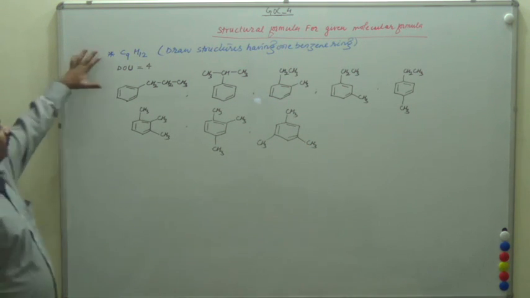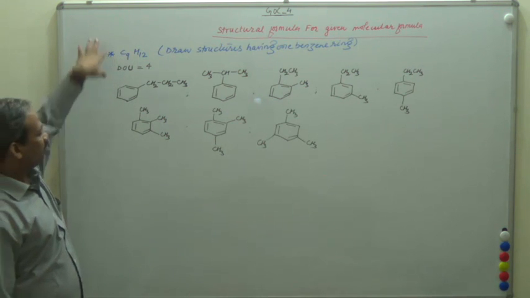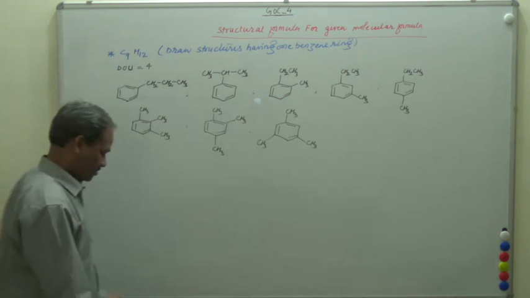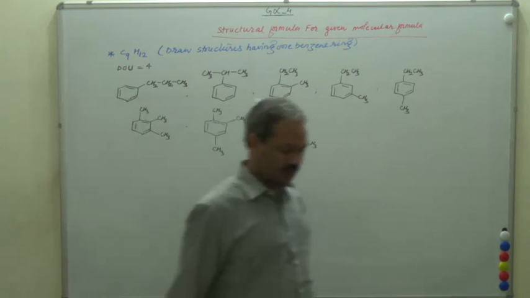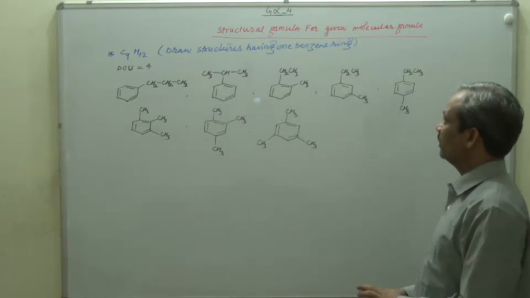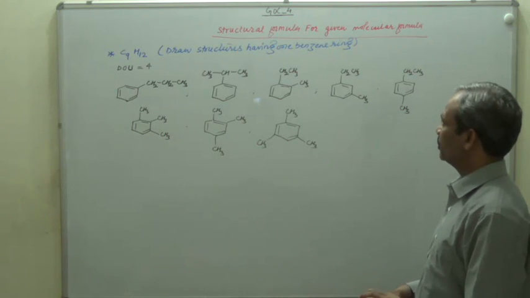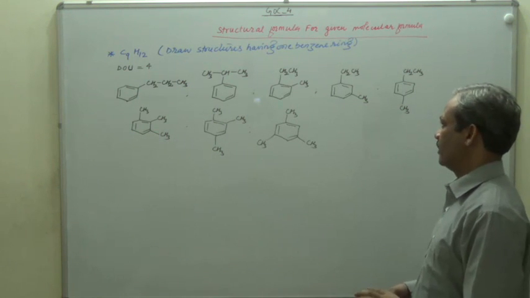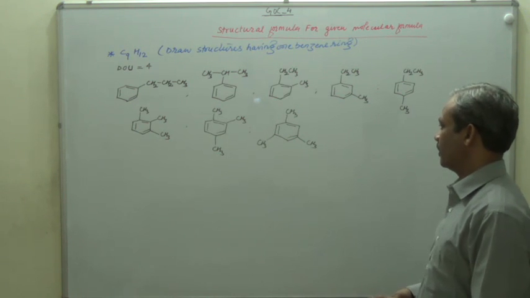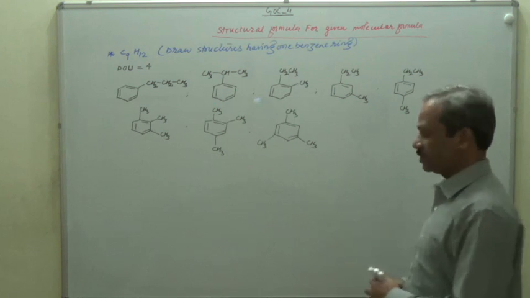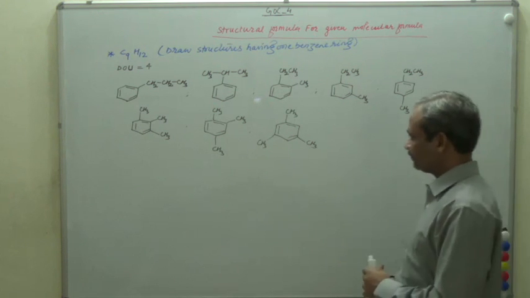So for this molecular formula, these many structures are possible having a benzene ring for 4 degrees of unsaturation. We can also draw some other structures, but as per the instruction given in the question, we have to draw these structures having one benzene ring. So 8 structures are possible.